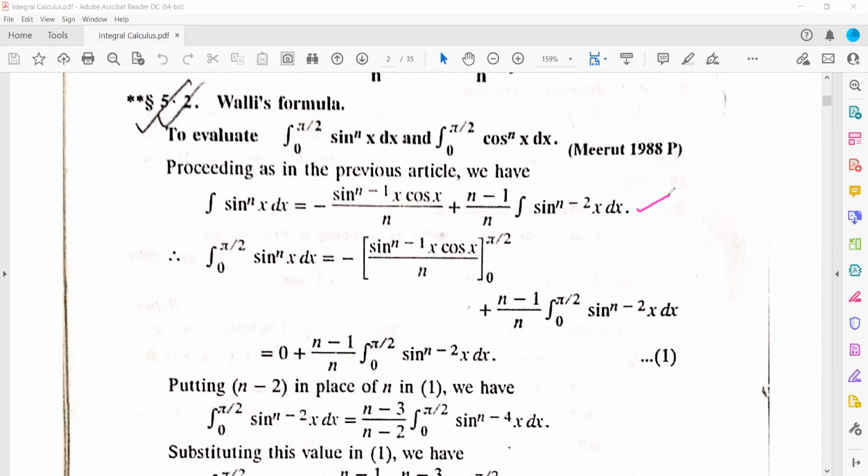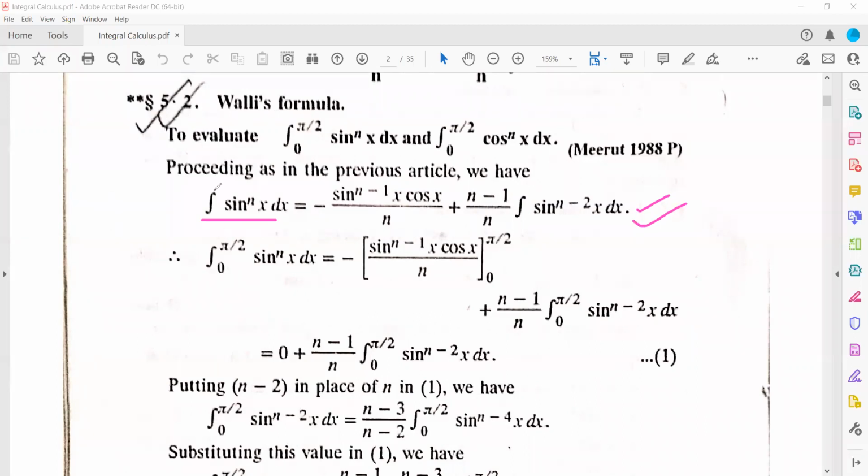Is that clear? As you have already deduced the integration of sine to the power n x dx, we have already deduced that. Now we need to find it from 0 to pi by 2.